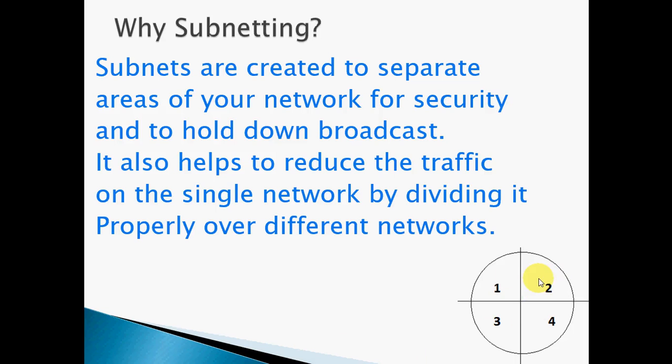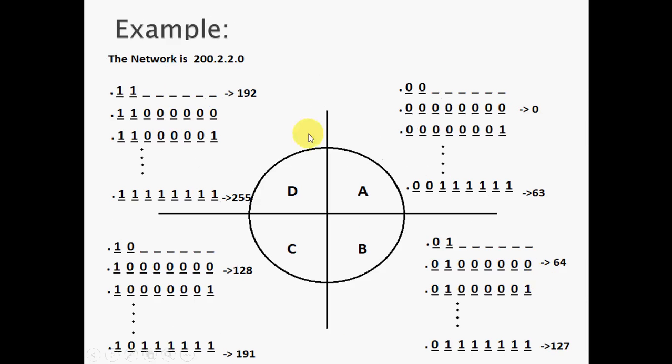So now let's see how subnetting is actually done. Consider a network of class C, that is 200.2.2.0. Here 200.2.2 represents the network part, whereas .0 represents the host part.